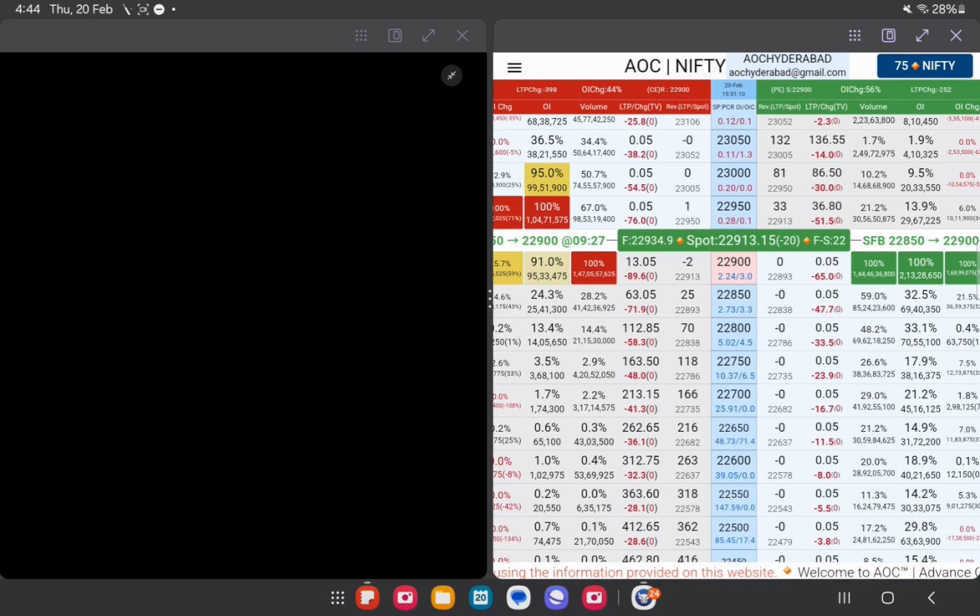Why I'm taking so much pain to explain this concept is that there are some entities in the market who give top priority to this data, and they trade on this data only. With VWAP and all, they'll add some other parameters to this also.